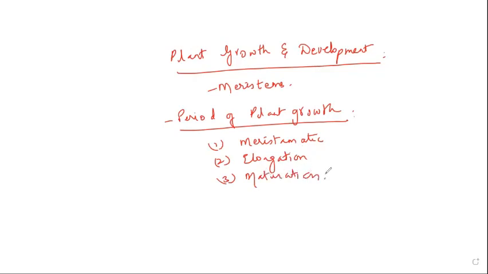The growth rate can be determined quantitatively in two ways, that is absolute growth rate and relative growth rate.